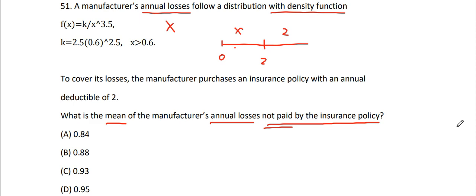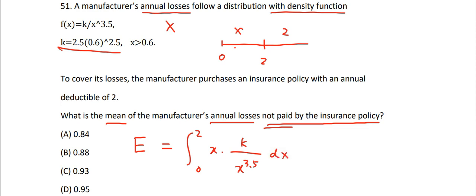Okay, so this expectation equals this. When x is between 0 and 2, you need to pay x, times the density function. The density function of x is k over x to the 3.5. So put this number as k. And this x is also larger than 0.6, not from 0 but from 0.6.